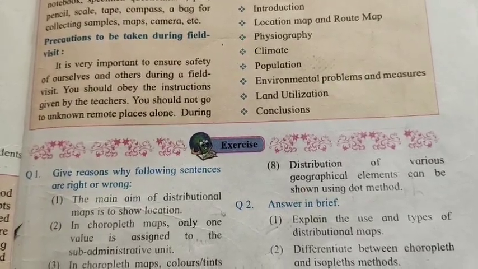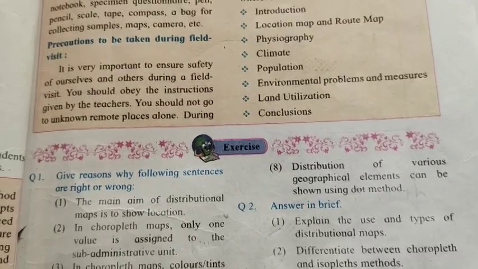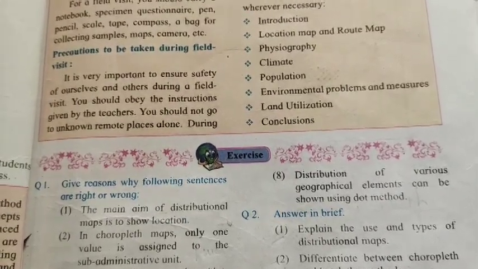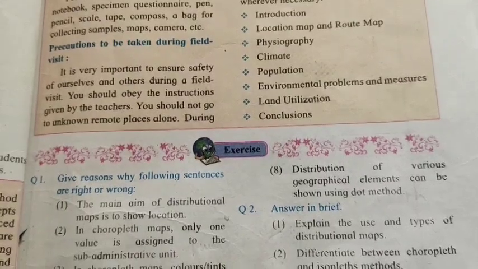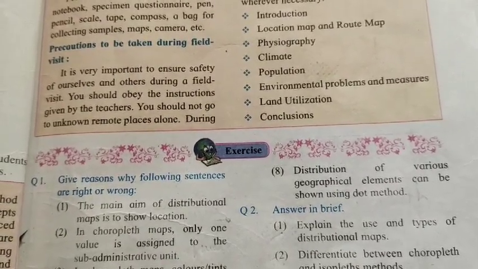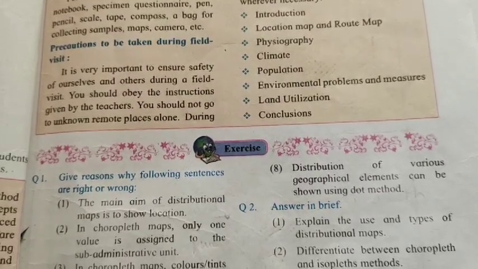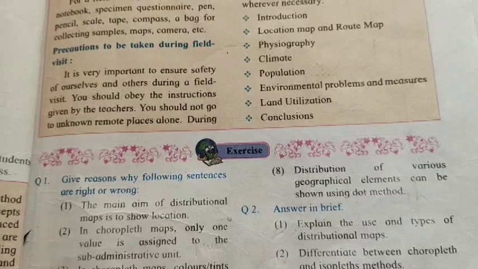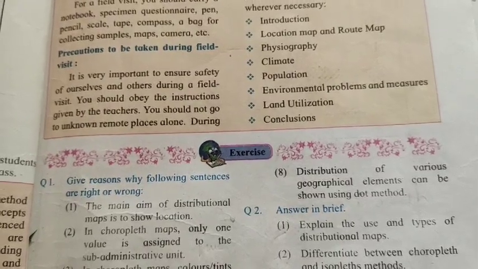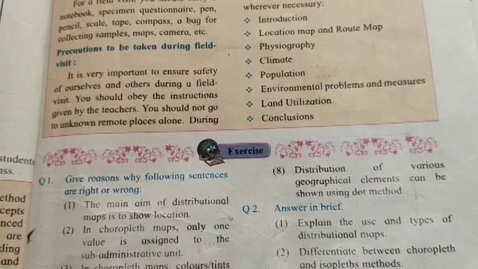Means we cannot show distribution of more than one variable in the dot method. If we are showing the distribution of population, it has to be only distribution of population throughout the map. We cannot show distribution of temperature, we cannot show the distribution of crops in this method.